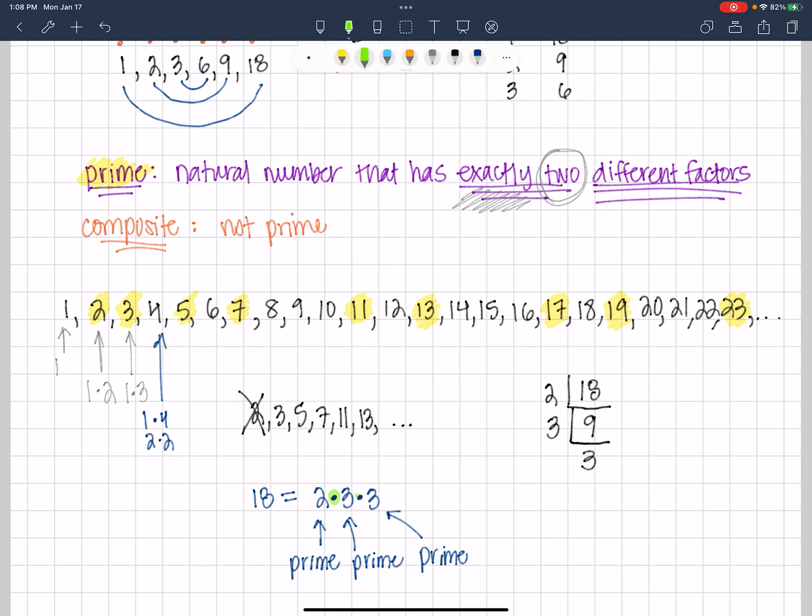So we're multiplying these numbers together, which makes 2, 3, and 3 factors that have a product of 18. So there's our prime factorization. So this right here is our prime factorization of 18. 2 times 3 times 3, prime factorization of 18.